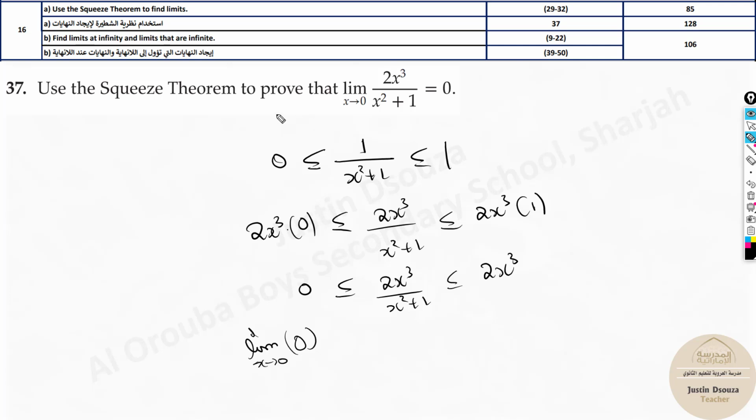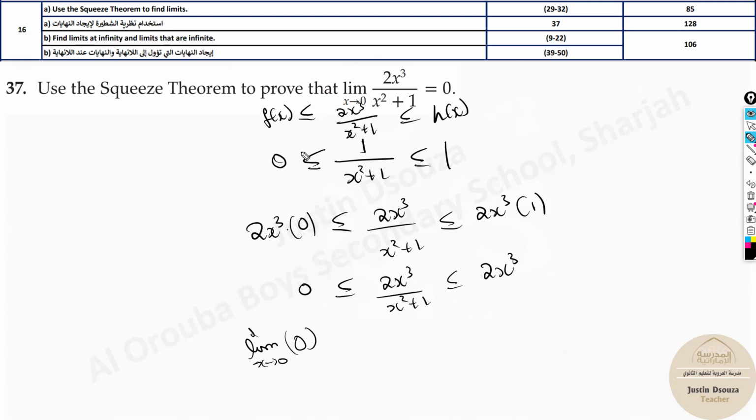Oh, I forgot to write the formula. Let's take f of x less than or equal to this particular function, 2x cube by x squared plus 1, that's the given. Just write this given all the time. You can write h of x because we were using h of x, or g of x, anything, doesn't matter. This is the given formula, which is greater than or equal to f of x and less than or equal to h of x.